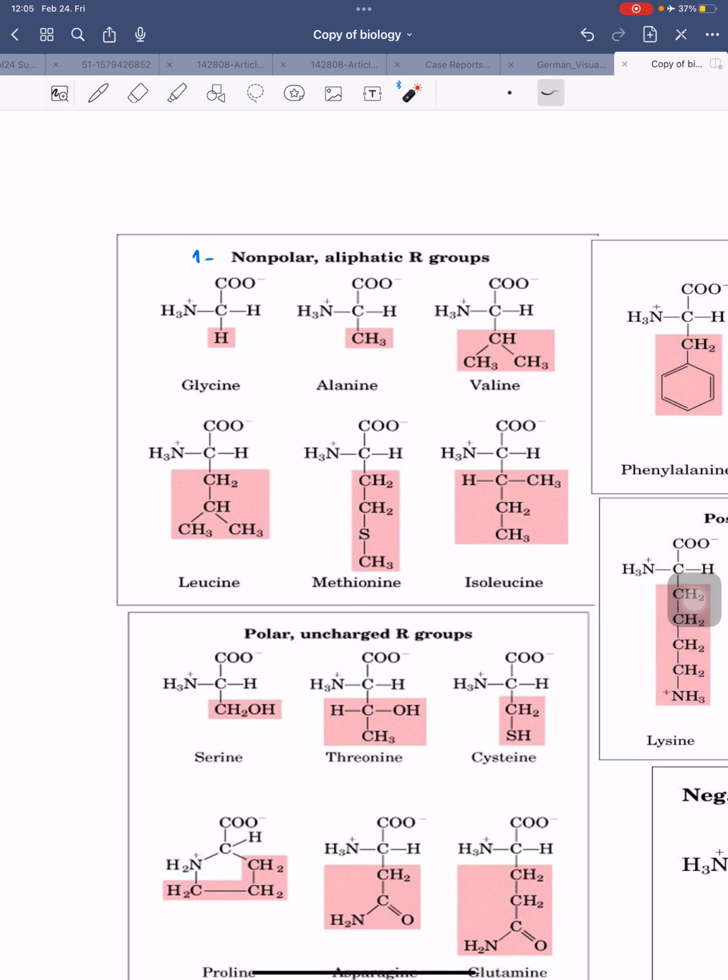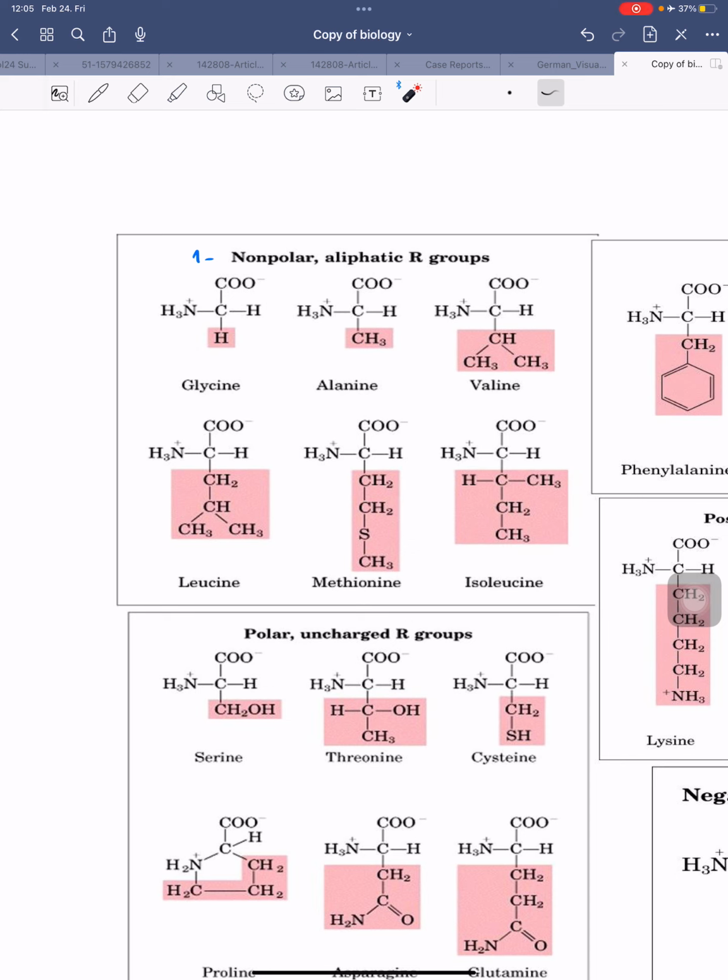Glycine's side chain is hydrogen, alanine's is methyl, valine's is isopropyl, leucine's is isobutyl, methionine has a methyl ethyl sulfide, and isoleucine has a secondary butyl which binds here.